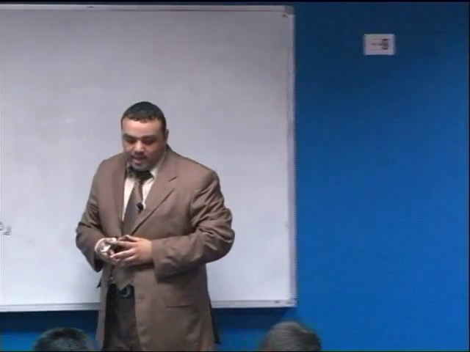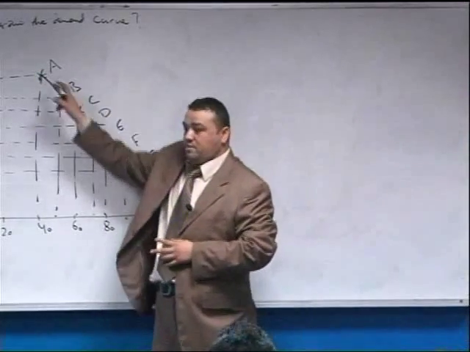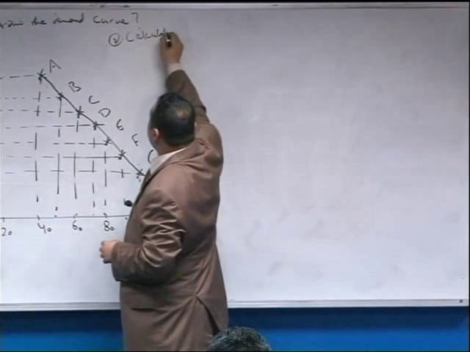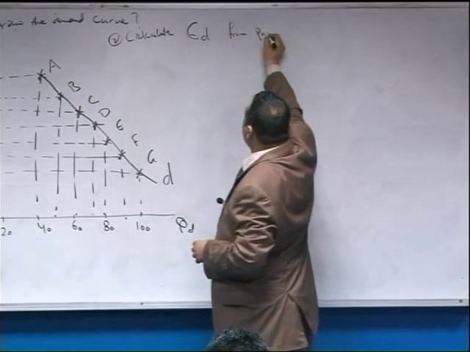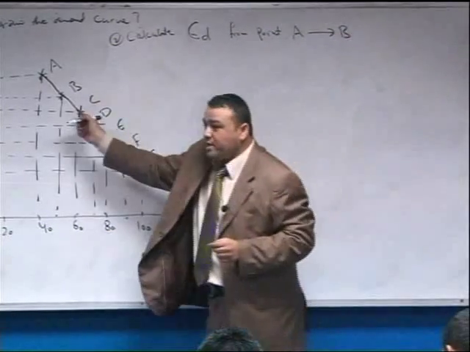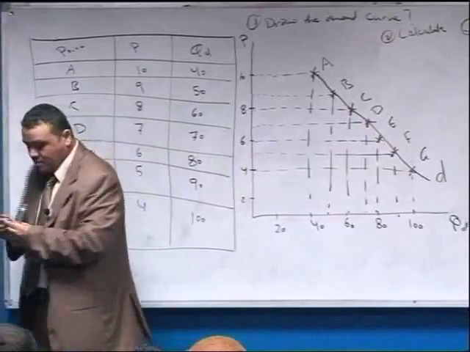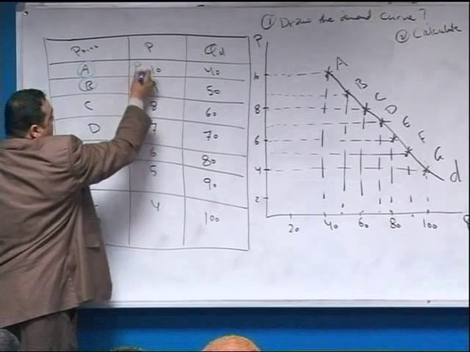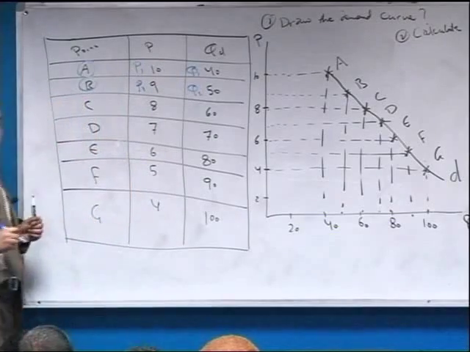Number one, calculate the price elasticity of demand from point A to point B. From A to B, this price would be P1, P2, Q1, Q2, right?